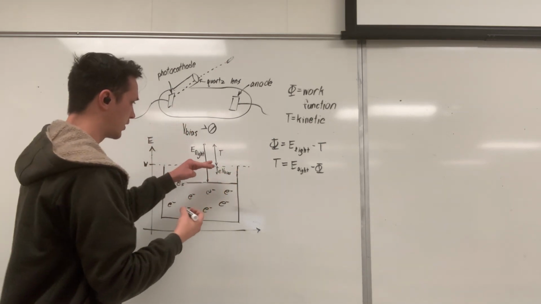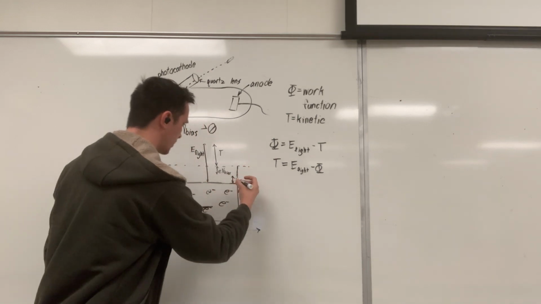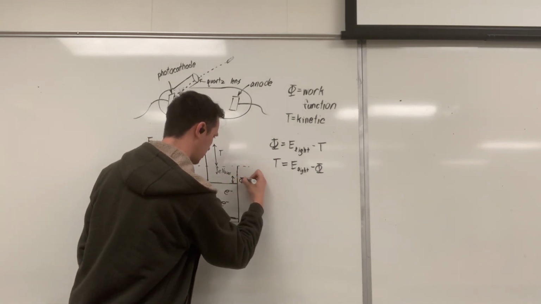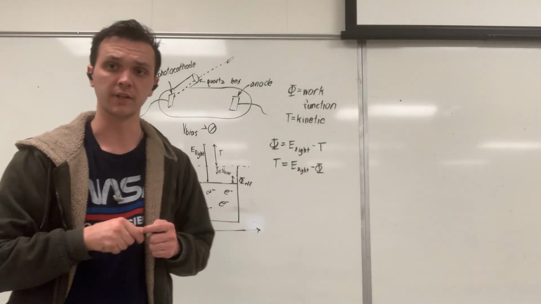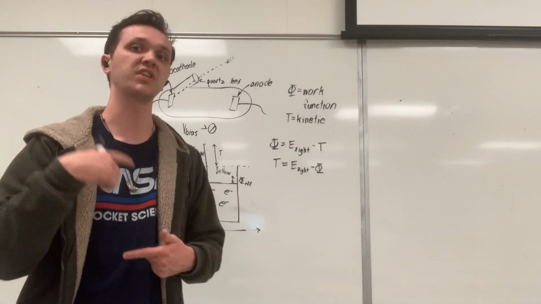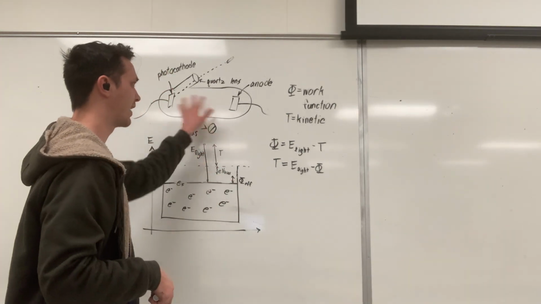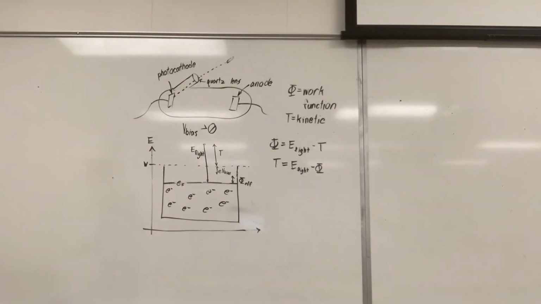And now the energy required for an electron to escape the lattice is effectively lower. So it only requires a small amount of energy for an electron to escape the lattice and gain some kinetic energy and travel across the evacuated glass chamber to the anode.